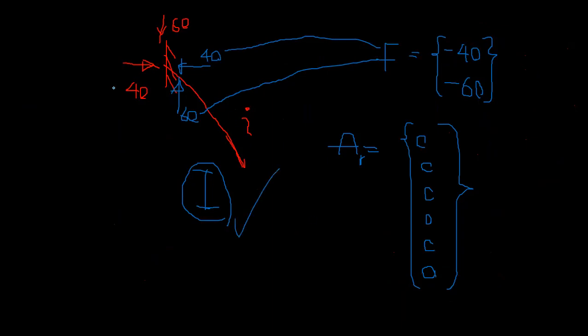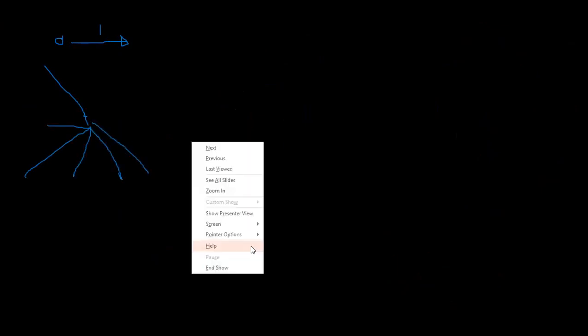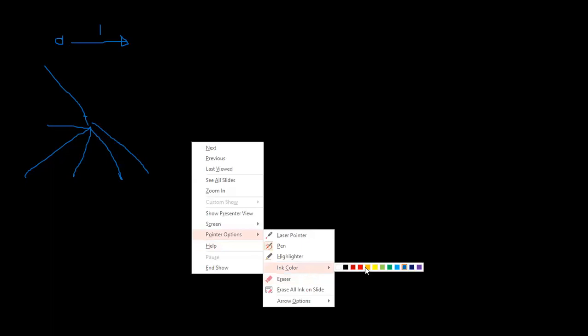So we need to apply a unit displacement at A in this direction, right? So the total truss will be, so each member, I'm exaggerating this displacement. This is a very small displacement.